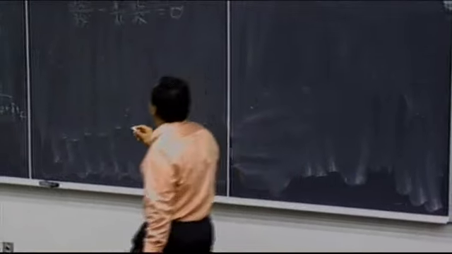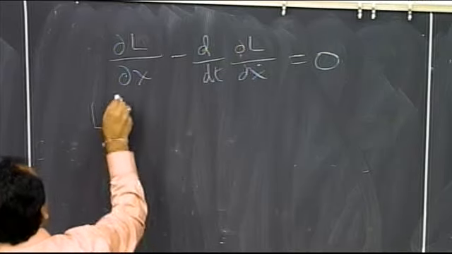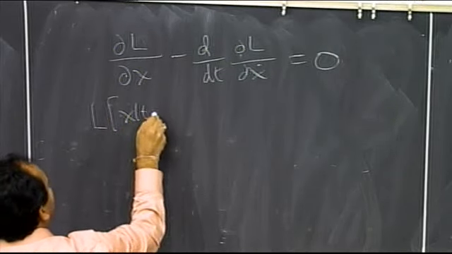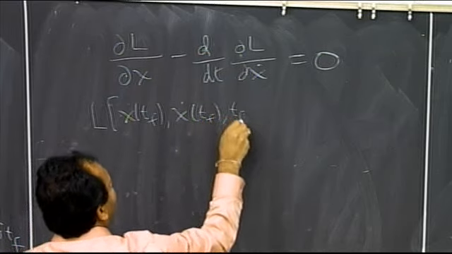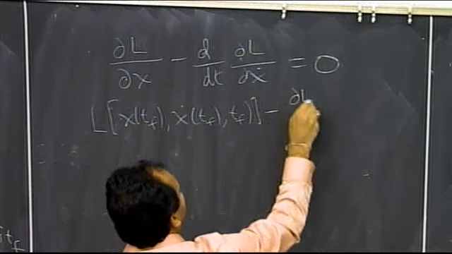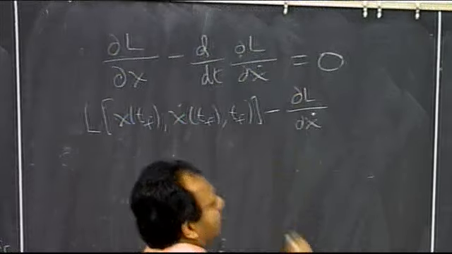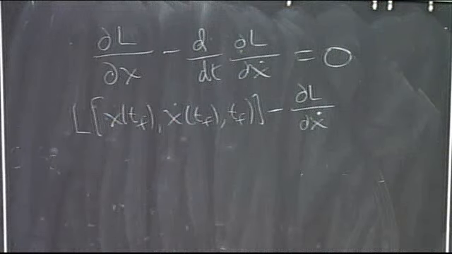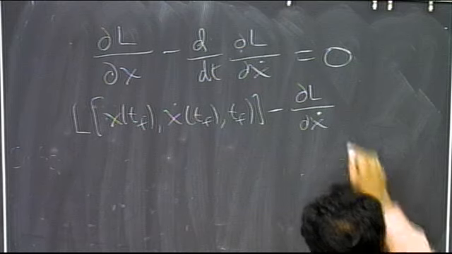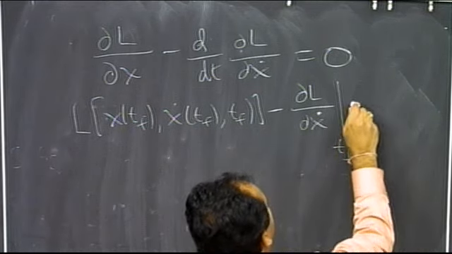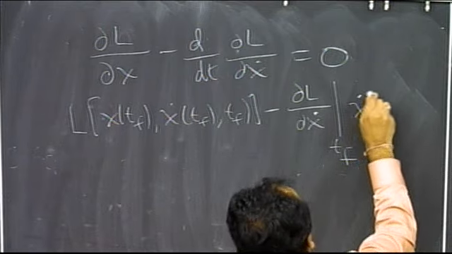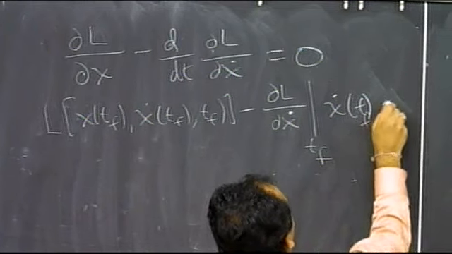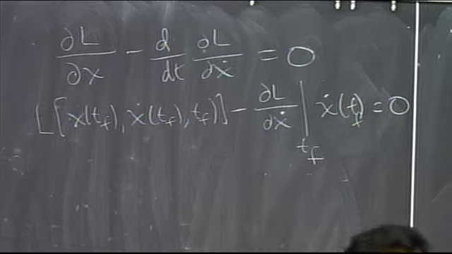And then you get this condition that you've got L of x of TF, x dot of TF, and TF minus the partial of L with respect to x dot evaluated at TF times x dot at TF equals 0. So that's the boundary condition that comes out.